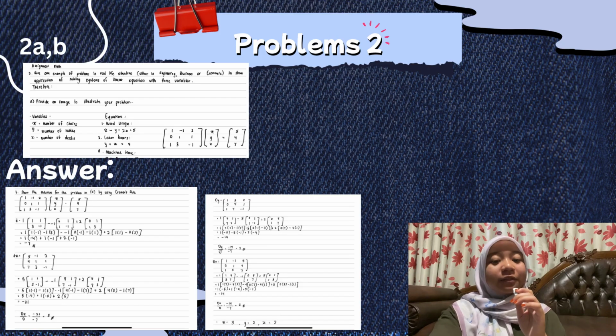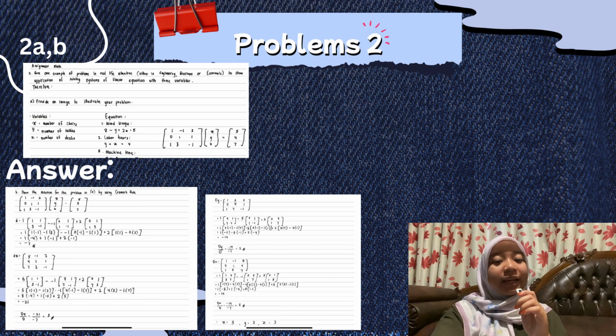Step 4, find the determinant for z, which is dz. Finally, we replace the third column with the results. The calculation gives dz equals -40. So z equals dz over d, and you get -40 over -7, and you get 2.